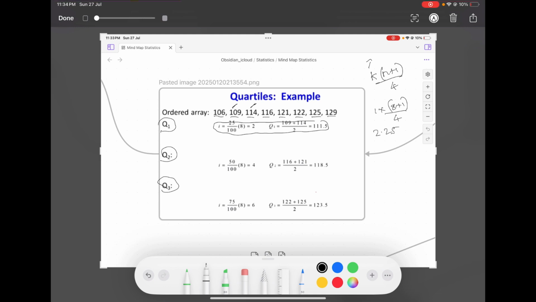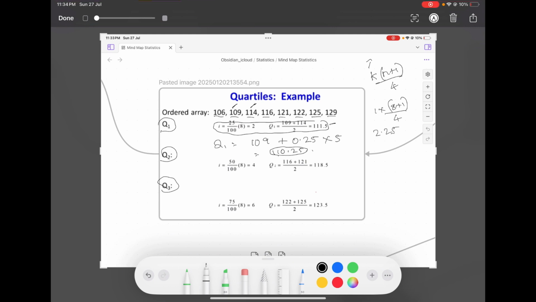So it lies somewhere between them. So Q1 will be equal to the second position, 109, plus 0.25 into this difference, that is 5. So it is 110.25.